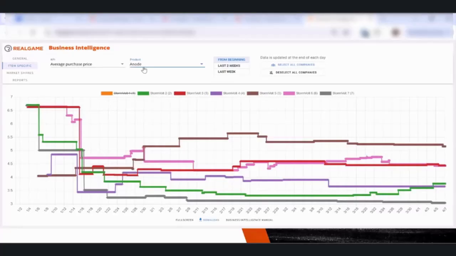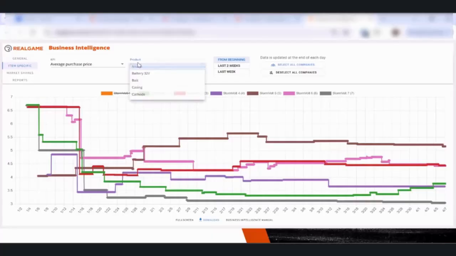It is rather a cheap component, but still we can see quite big differences between the companies. So the most efficient one has been company number 7. Compared to company number 5, the difference is actually quite high, relatively very big.